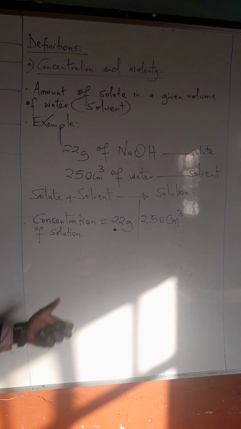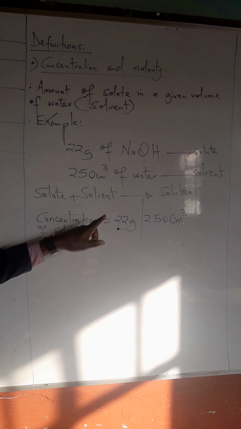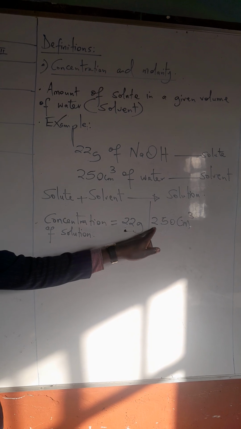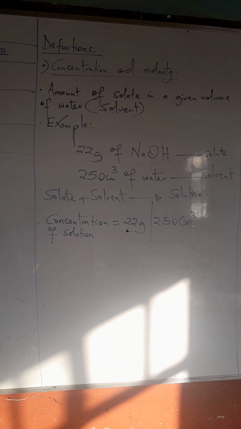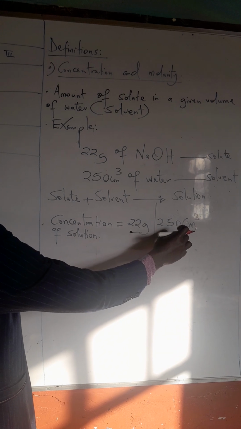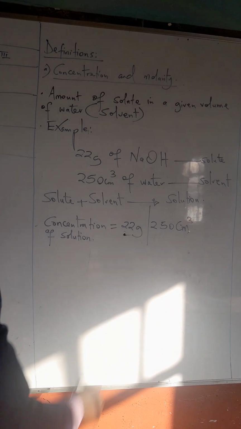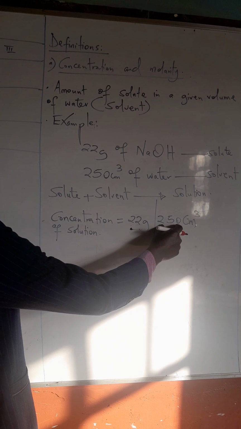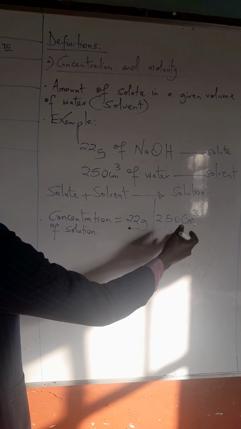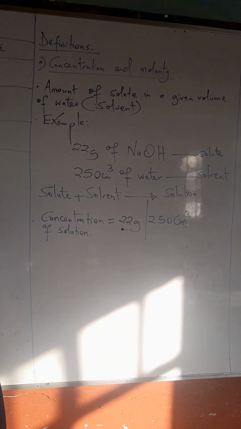Now, concentration can be in terms of grams, mass per volume of solution that has been used. This volume can be any volume below 1 liter or exactly 1 liter.